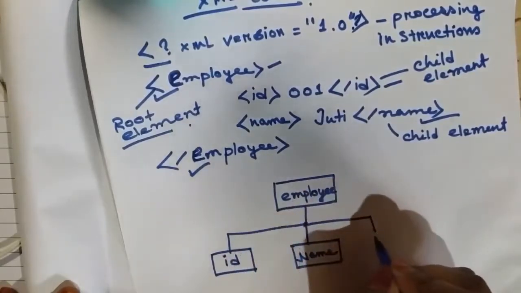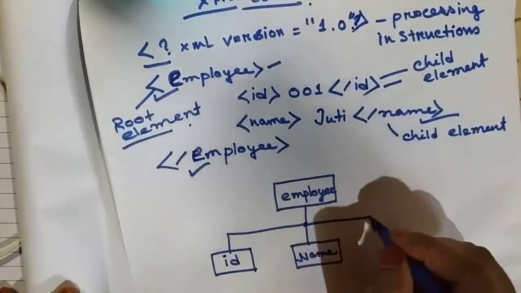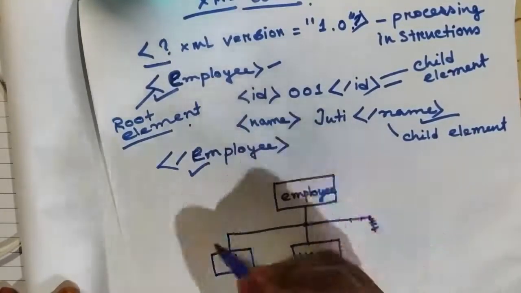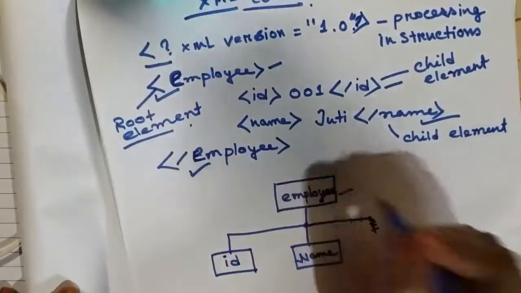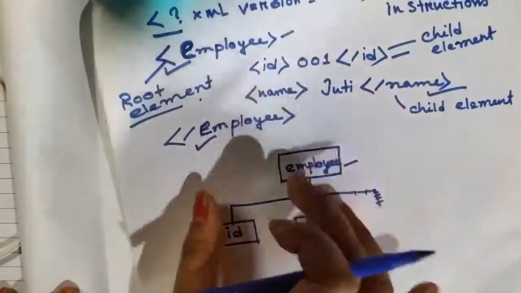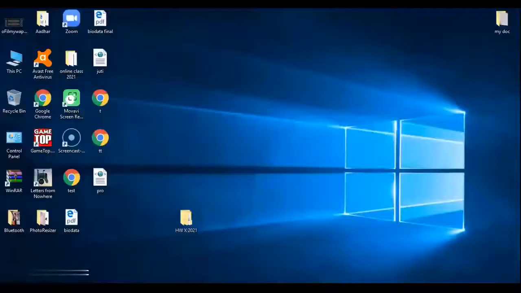Only two elements I have given, so these two are child elements, and employee is the root element. This is the simple structure of this program.